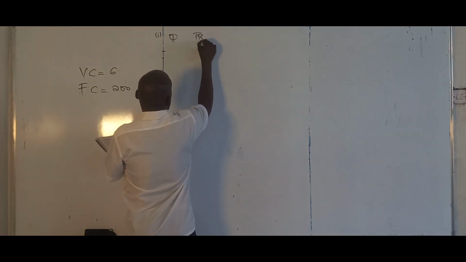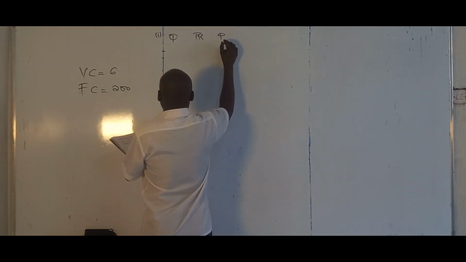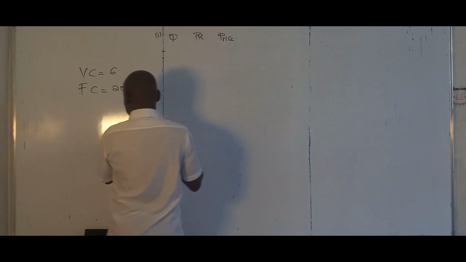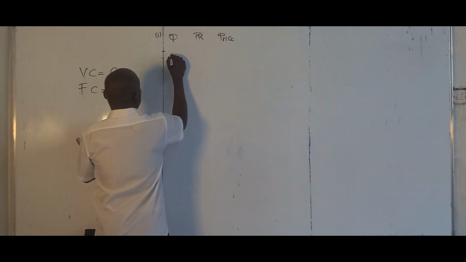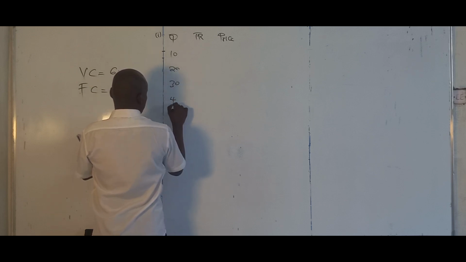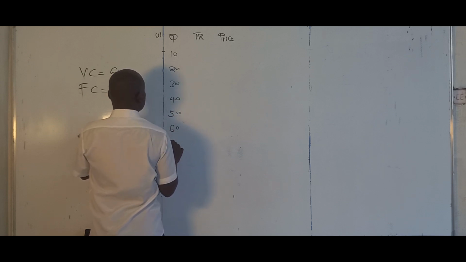Then I have TR column to mean total revenue. Then I have P for price. Then the quantities that we have are 10, 20, 30, 40, 50, 60, 70.